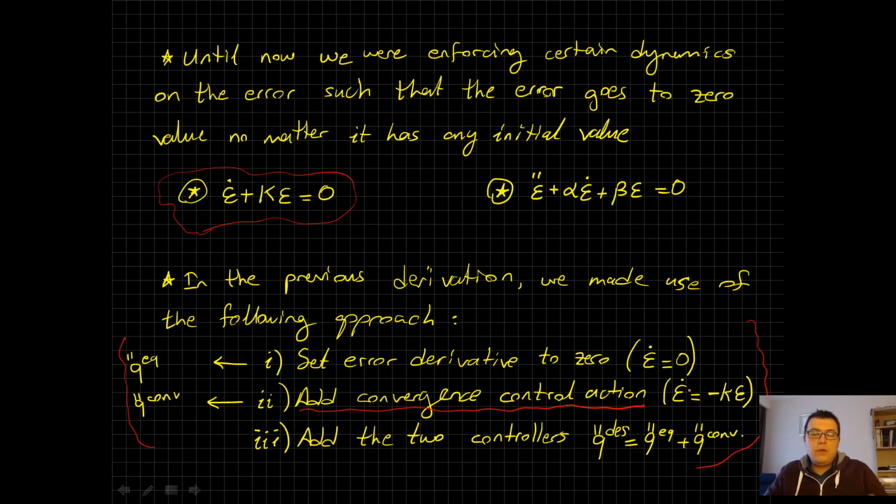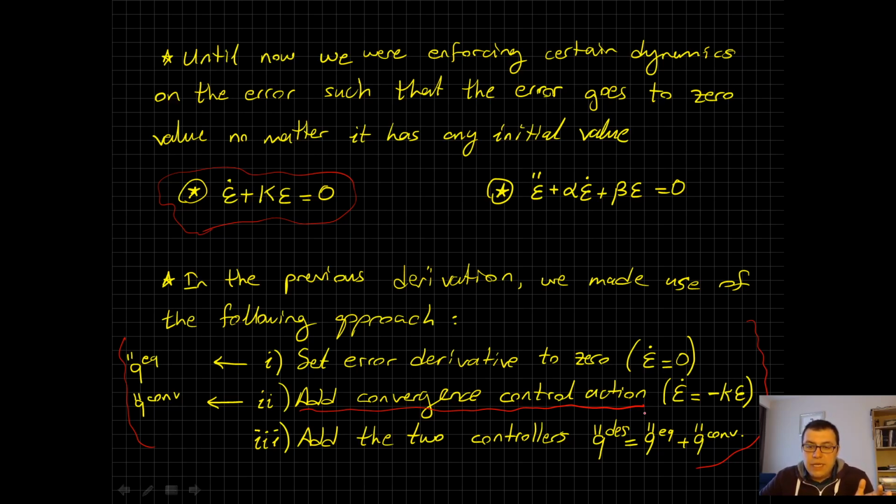For example, if you use signum, then that creates a discontinuity in the convergence, and your error goes to zero value in finite time. However, here E dot plus KE, its solution is some exponentially converging curve, which is converging to zero in infinite time, theoretically. Practically, we will assume that it converges after a couple of time constants, but theoretically, it takes infinitely long to converge to zero value.